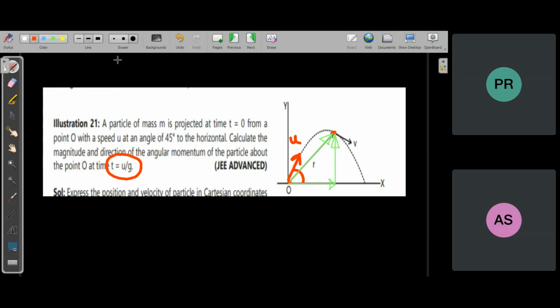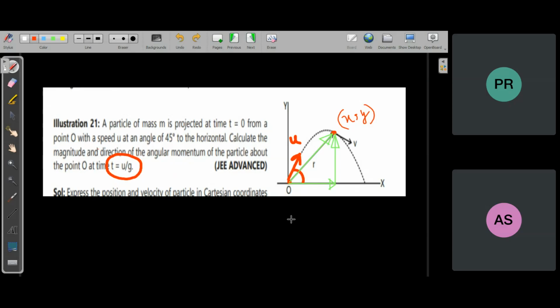Suppose that the coordinates of the particle are x comma y. Now you can easily find x and y because u and theta are given, and time is also given. So x will be u cos 45 into this time u by g, and y will be u sin 45 minus half g t square, where t is this. So you got x and y.